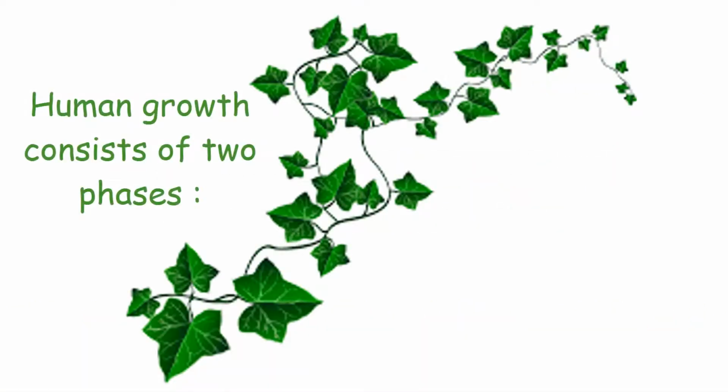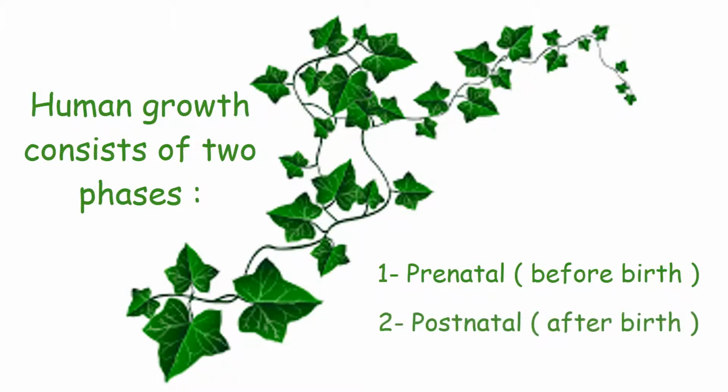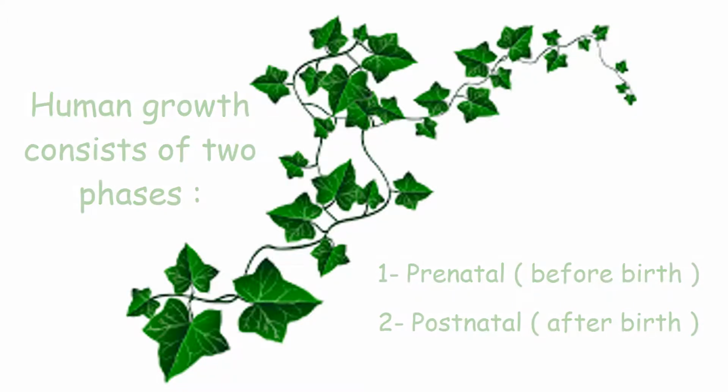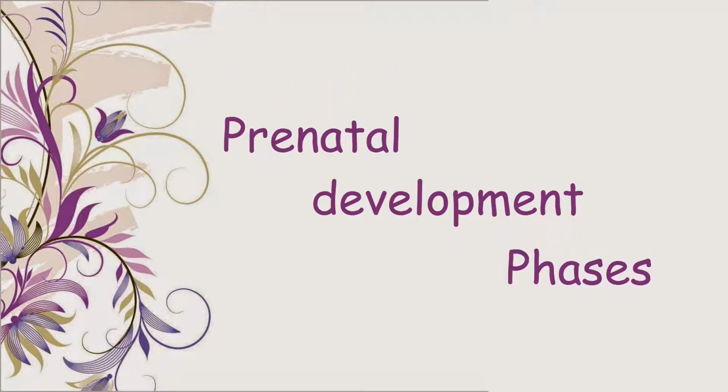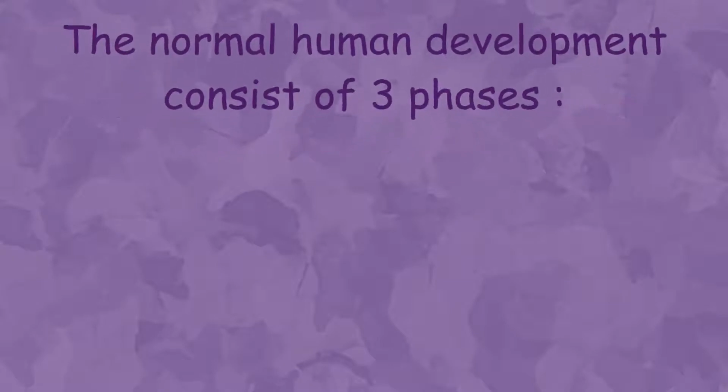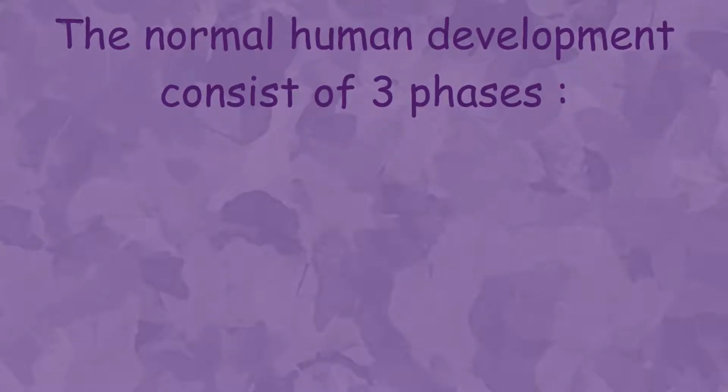Human growth consists of two phases: prenatal, before birth; and postnatal, after birth. The normal human development consists of three phases.